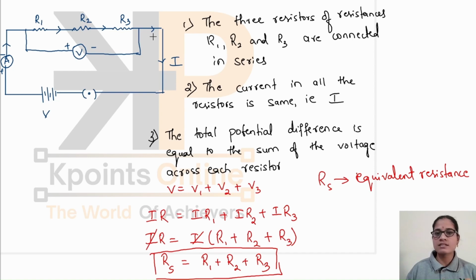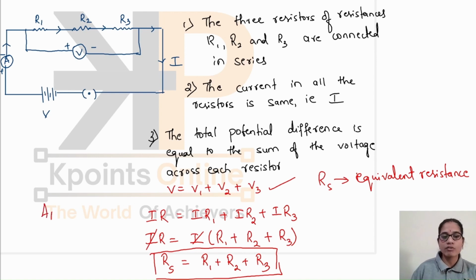Here the three resistors are connected in series. We know that in case of series combination, the same current will flow through the circuit, and across each resistor we get the same current. And the total potential difference was found to be equal to the sum of voltage across each resistor, that is V1 plus V2 plus V3.